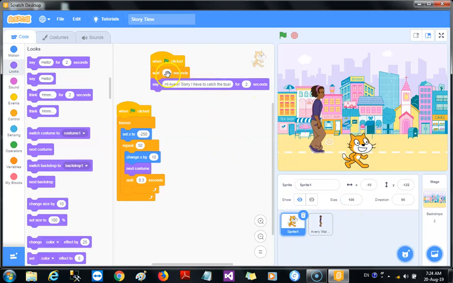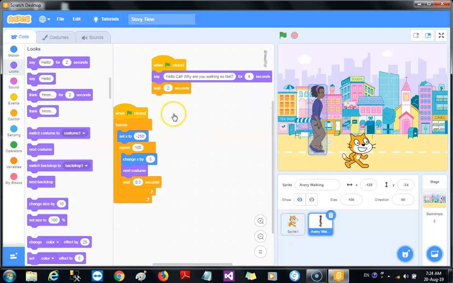So our cat is going to wait for 4 seconds before he talks. Maybe we're going to equally make him talk for another 4 seconds, and that means Avery would have to wait for 4 seconds before she can say what she needs to say next.